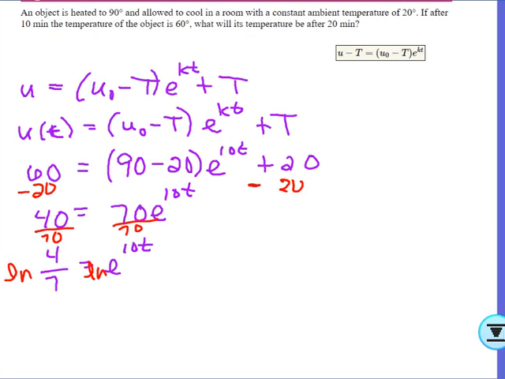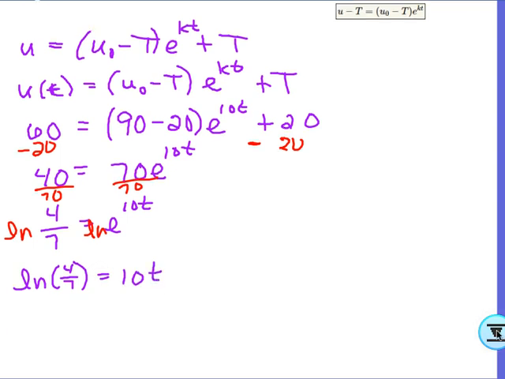All right, so then I've got the natural log of 4/7 is equal to 10k. So I would divide by 10, so that just becomes 1/10 natural log of 4/7 is equal to k. Nicely, I can rewrite 1/10 as 0.10 natural log of 4/7. Oh, that's not t, it's k. Dang it. Sorry, you guys.